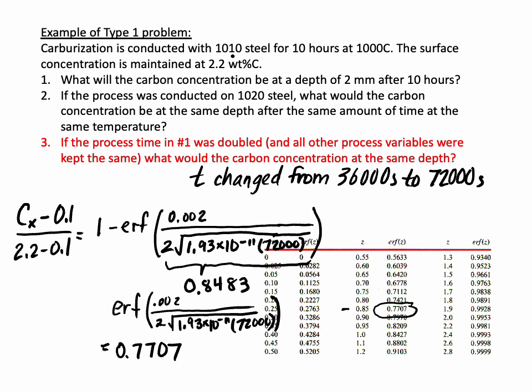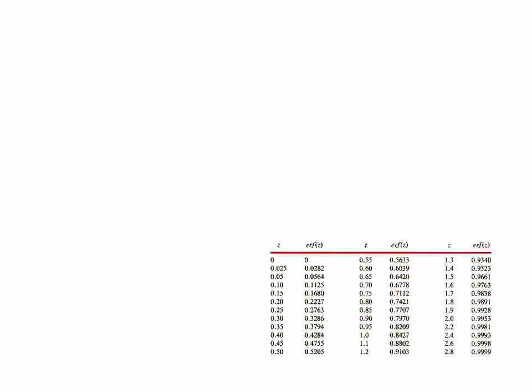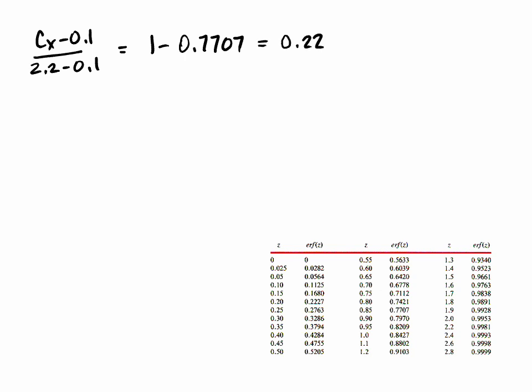Okay, so I'm going to move to the next open slide here. And I have c sub x minus 0.1 over 2.2 minus 0.1 is equal to 1 minus 0.7707, which is 0.2293.